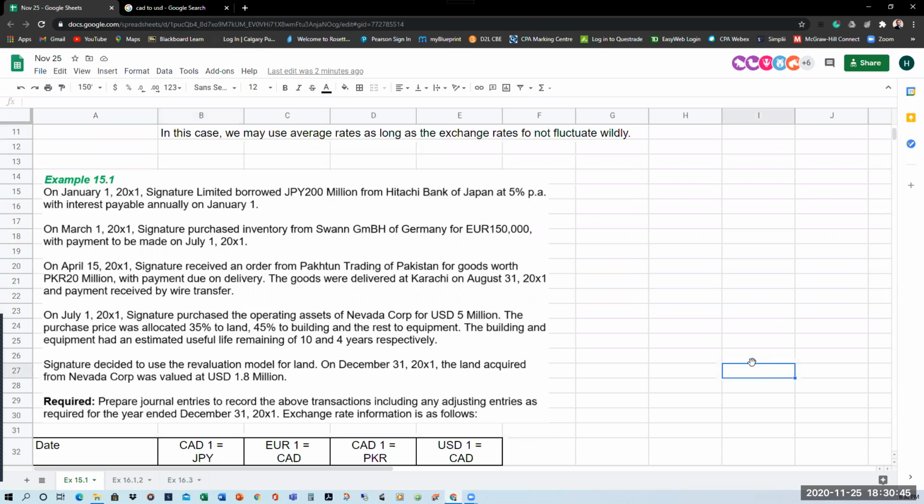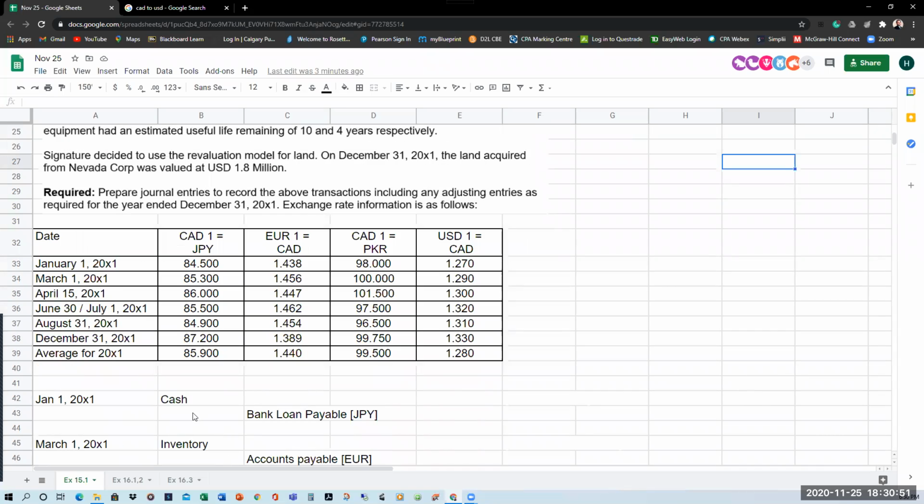So if you think about how to account for this transaction, if you've borrowed money, it's basically about debiting cash and crediting the bank loan. So the actual debits and credits are not difficult. Debit the cash, credit the bank loan.